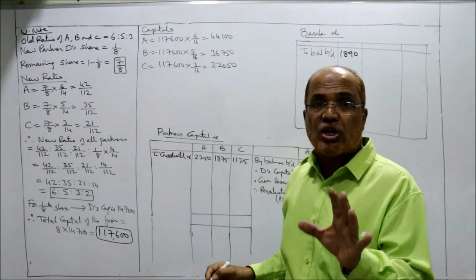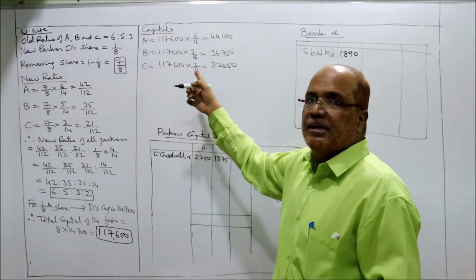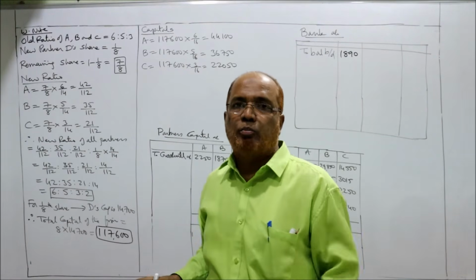This much capital should remain: A's capital, B's capital, C's capital according to the new profit sharing ratio.